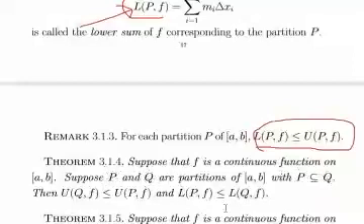The lower sum is increasing when you add points, but the upper sum is decreasing, right? This is very clear. I think I explained this concept last week, right?